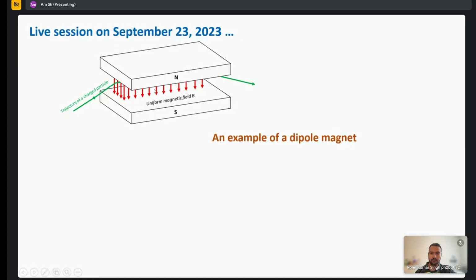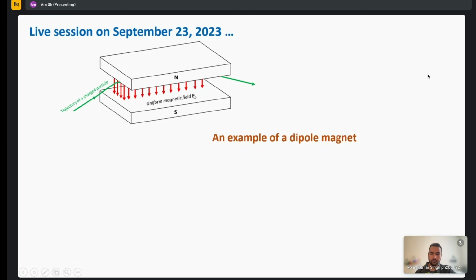So this is the first pole N and this is the S. And by red arrows, we are showing the field lines from N to S. There are pole surfaces and these are pole edges. Between these poles, there is a uniform field except near the edges.